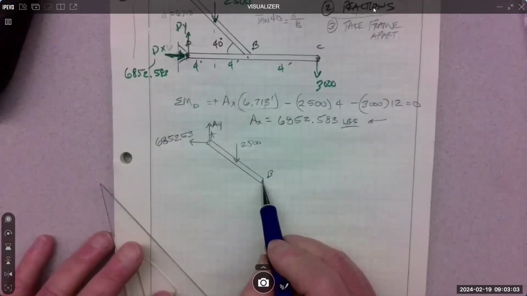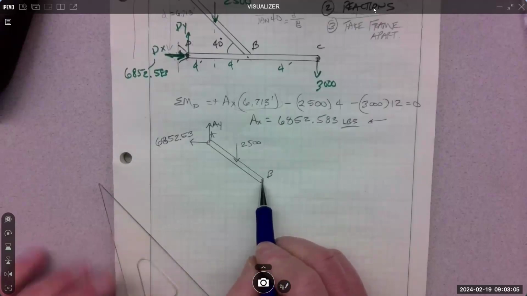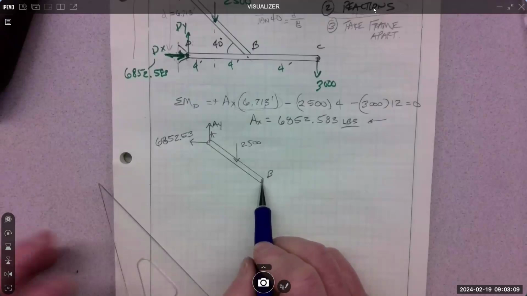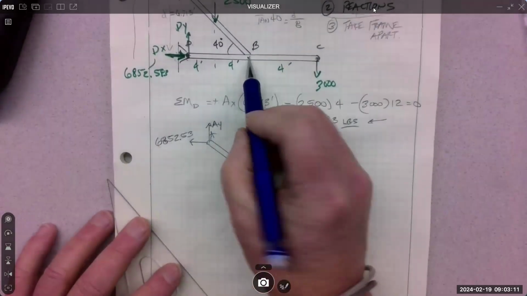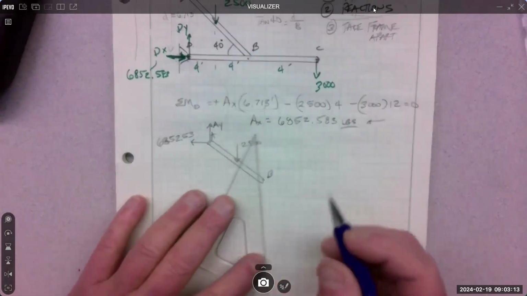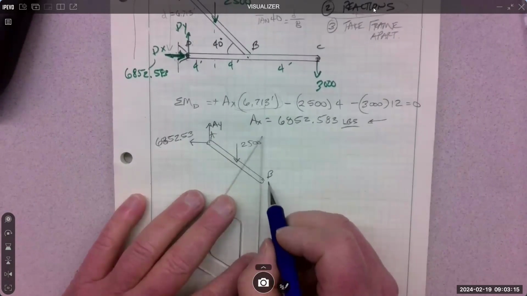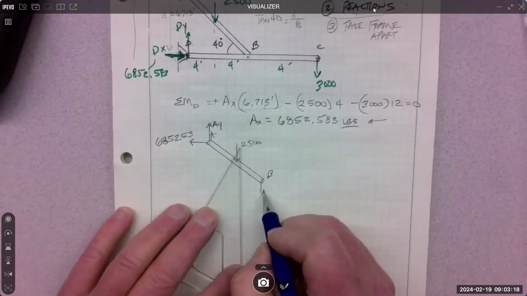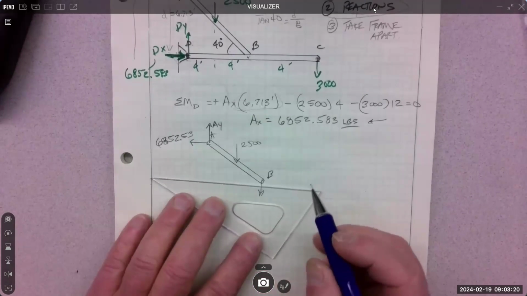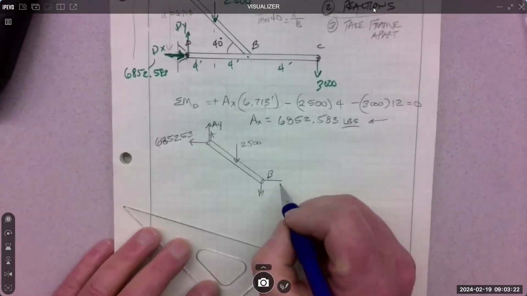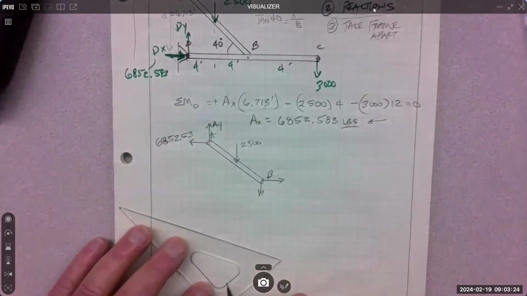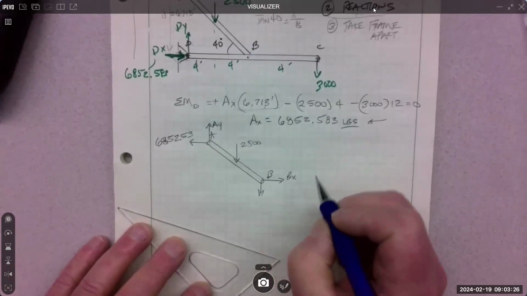And when you take B apart, that was a pin, right? It was pin connected here, so it gets 2. And you want those to balance with everything else going on that member, because that single member would have to be in equilibrium.